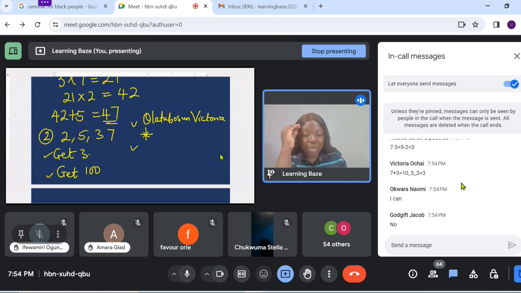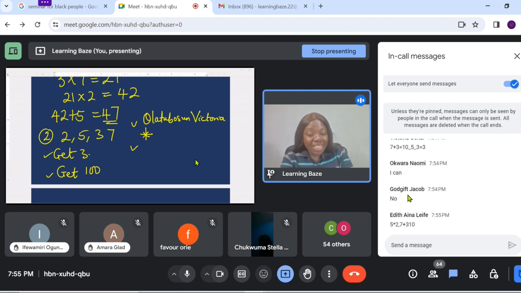Use 2537. Get 100. Make sure you think properly. It's either you use multiplication or you use addition and multiplication. Just mix up the 4 basic rules in math. We have addition, multiplication, subtraction, division, right? Squares and square roots, cube and cube roots.